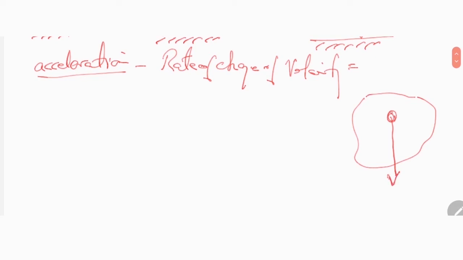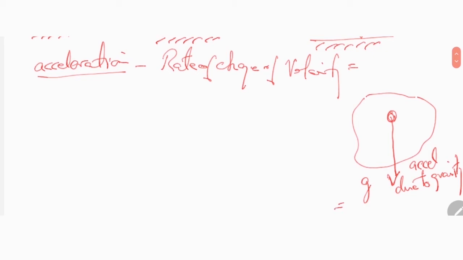And every object in space is continuously experiencing something called acceleration due to gravity, right? Acceleration due to gravity, and this is denoted by g.